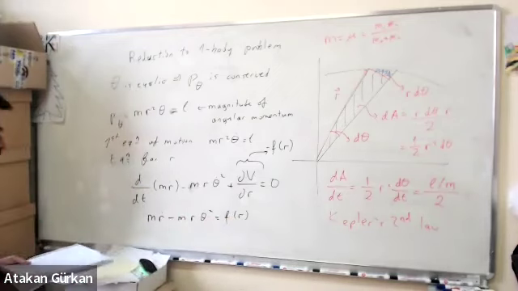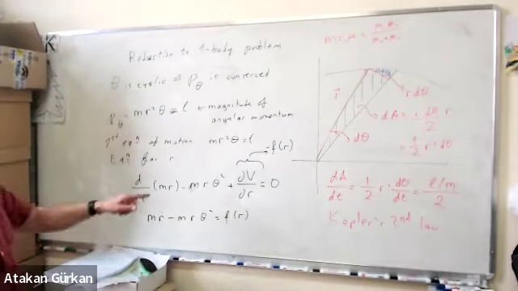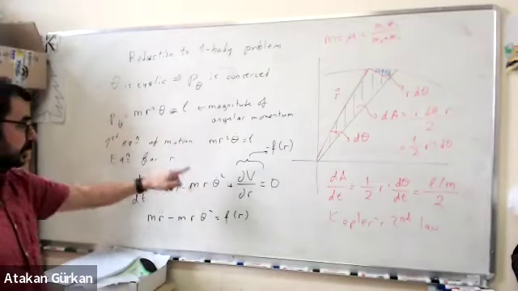So this is one way to look at this. We can go ahead and turn this into something that depends on r only by exploiting this fact. We can take this equation and substitute this here.